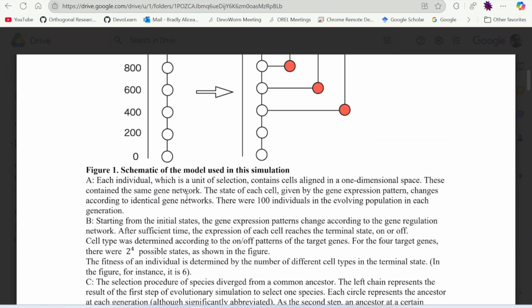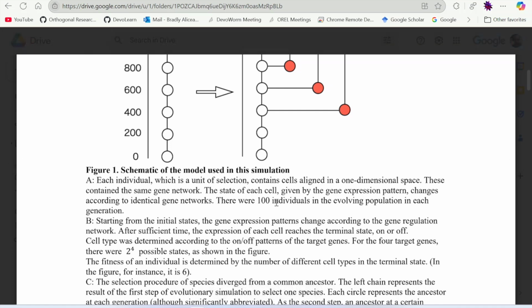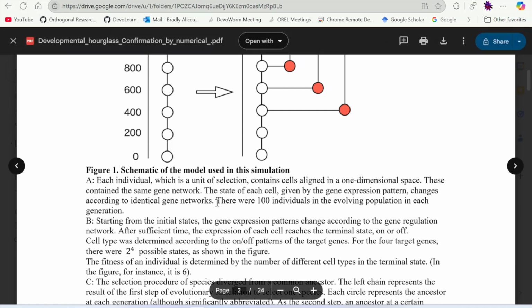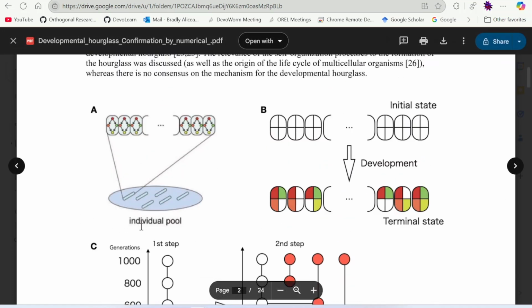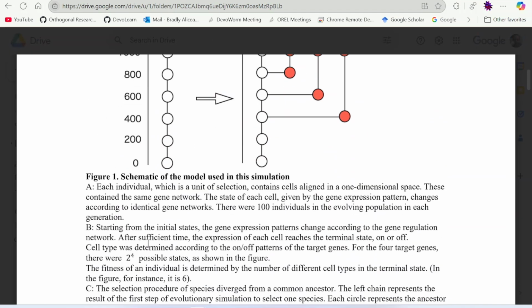These contain the same gene network. The state of each cell, given by the gene expression pattern, changes according to identical gene networks. There are 100 individuals in the evolving population each generation. So they have this population-based model in A.